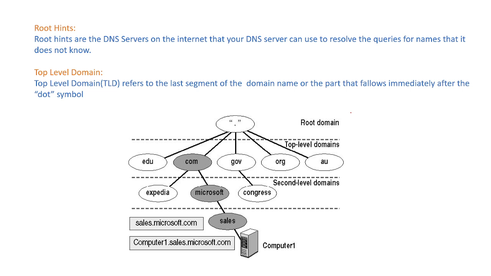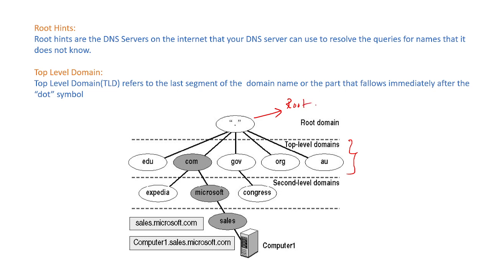So what happens? There are top level domains first, like .edu, .com, .gov, .org, .au. These are called the top level domains. And this dot is called the root.